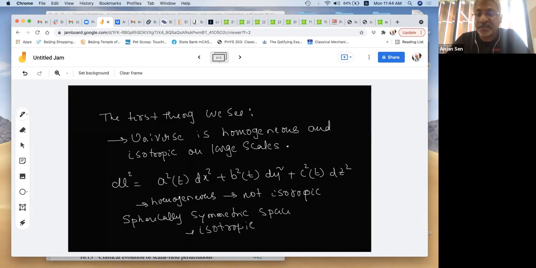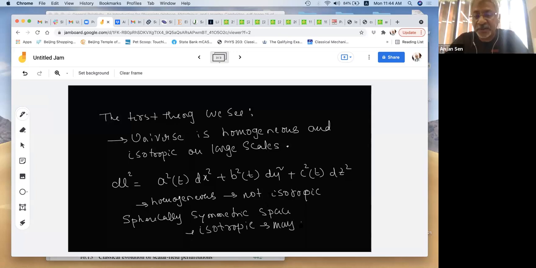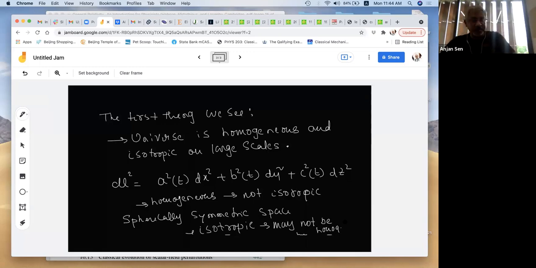Spherical symmetry means that there is no direction dependence, all the directions are the same. But if you have a spherically symmetric space, direction independence is there, but it may change at different space locations. So this may not be homogeneous. Okay. So that is possible, fine.